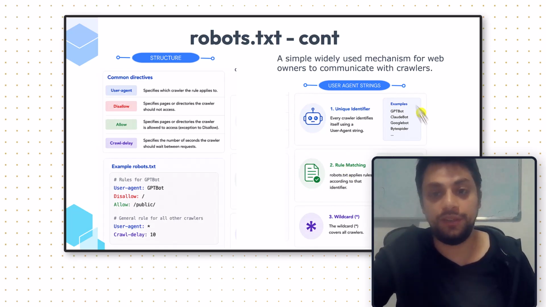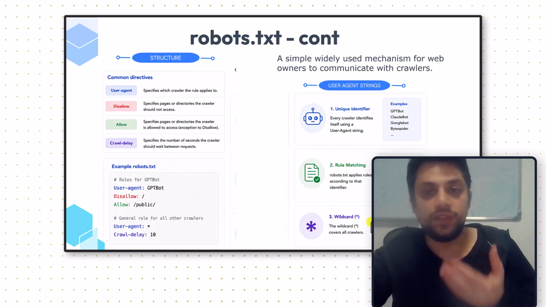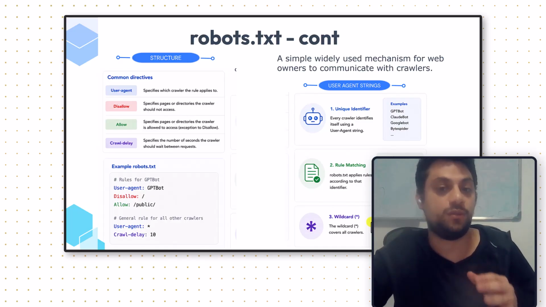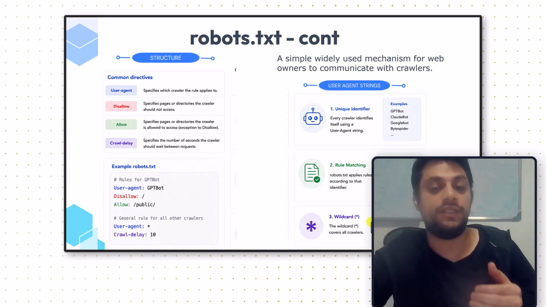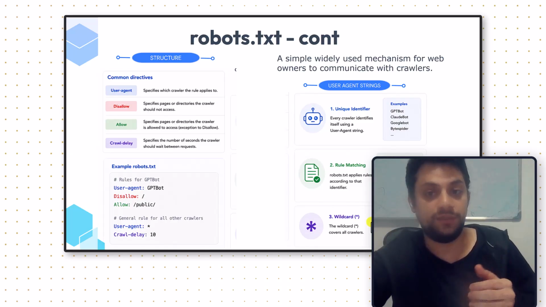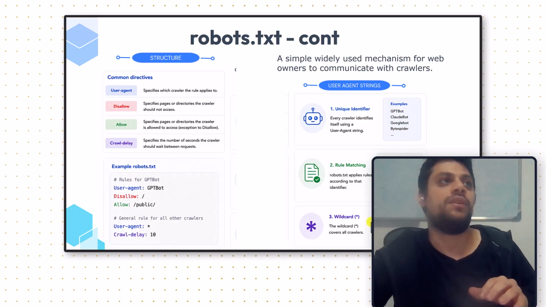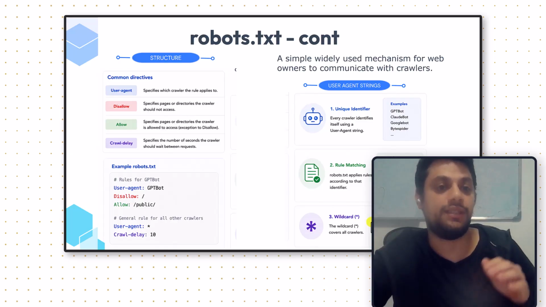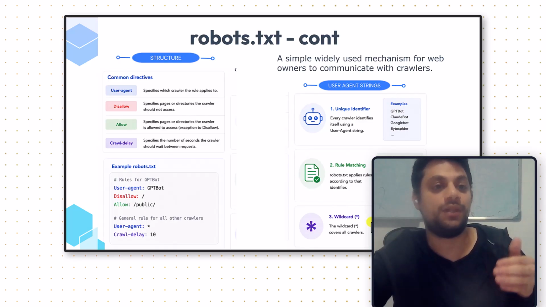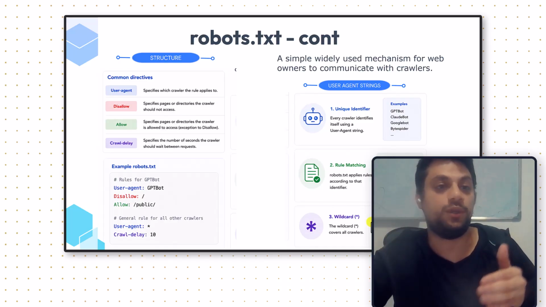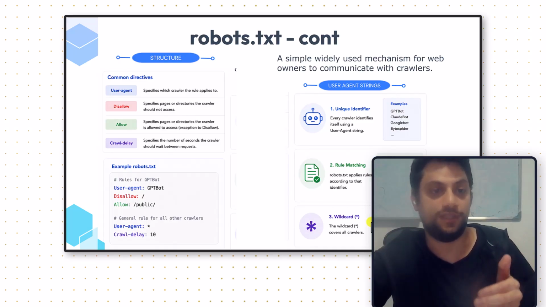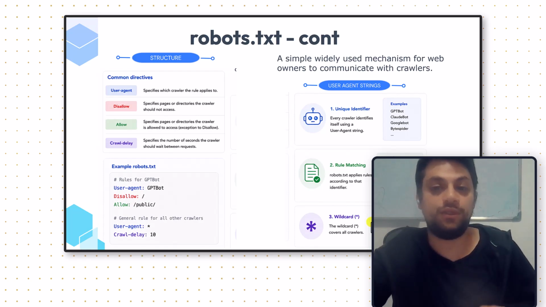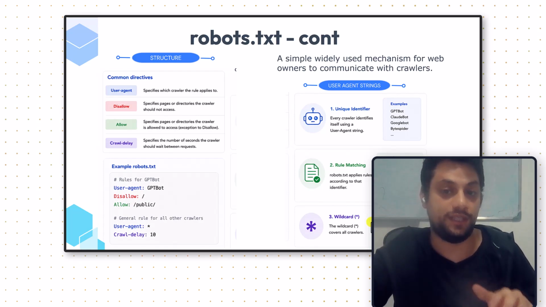which appears here. When a crawler visits the website, it identifies itself using a user agent string. That means that it includes the user agent string as part of any HTTP request that it sends to the website servers. Major companies use well-defined names.